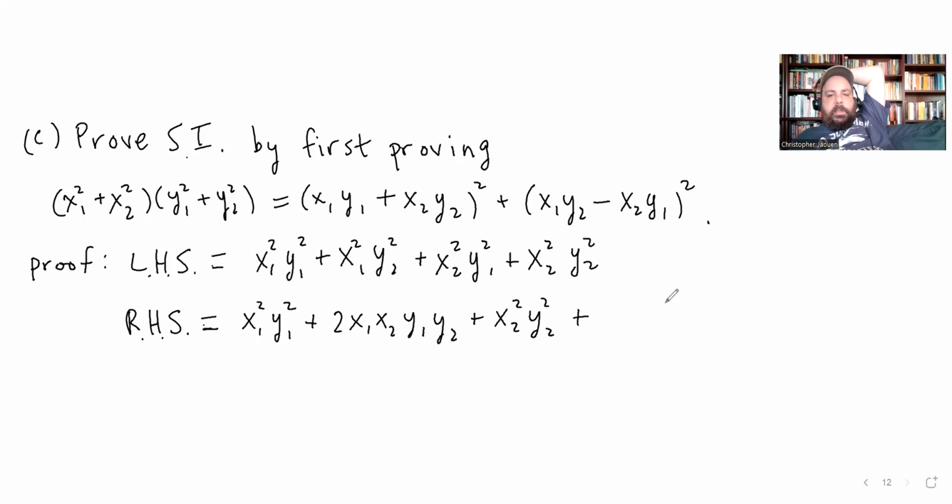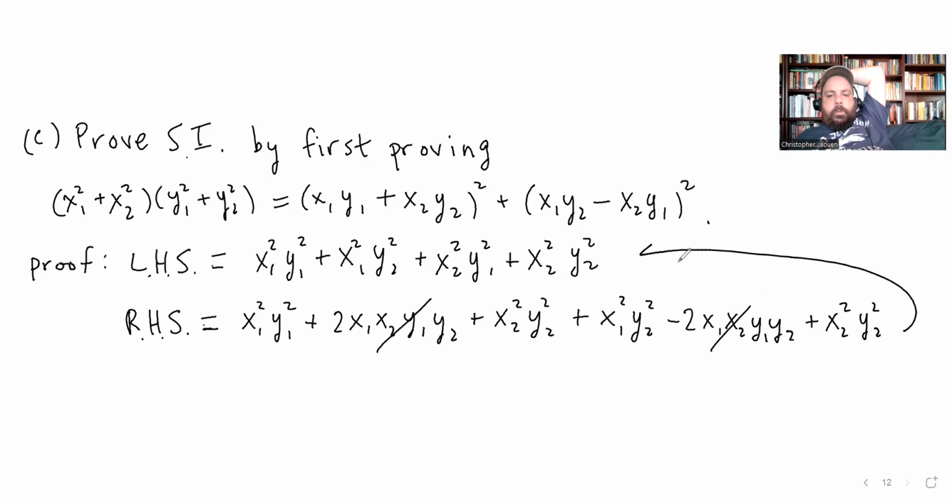And then for the second part, when you square that, you get a negative 2 x1 x2 y1 y2 plus x2 squared y2 squared. Here notice that these cancel out, and these two things are equal. That's really all it is.